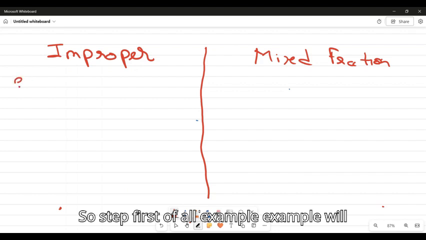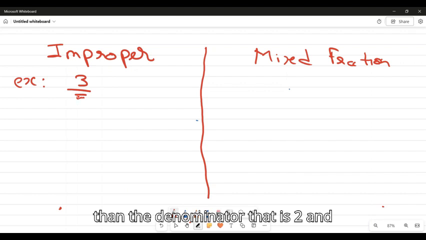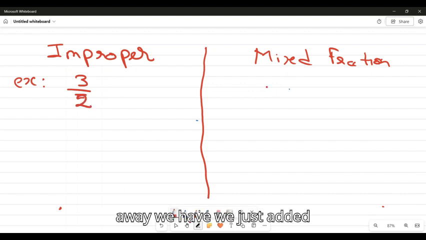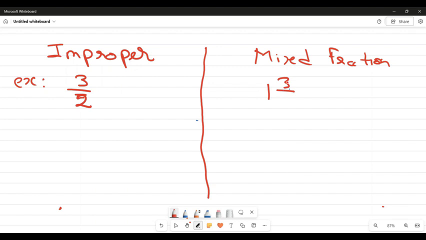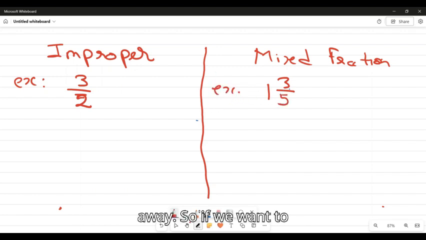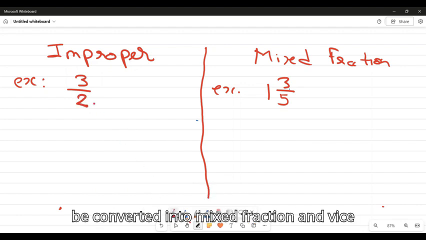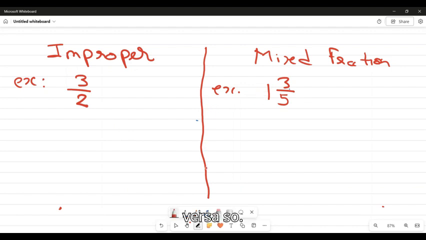So first of all, example will be like 3, where the numerator is greater than the denominator, that is 2, and over here we just added 3 upon 5. This is an example we take. If we want to convert, because these are convertible, I mean to say this improper fraction can be converted into mixed fraction and vice versa. So let's write this example down.